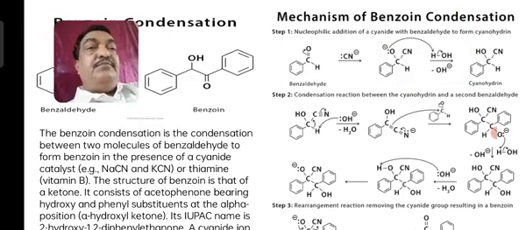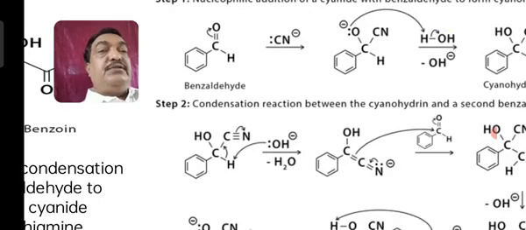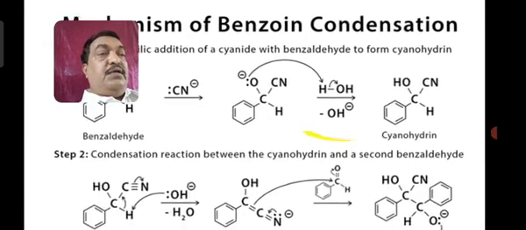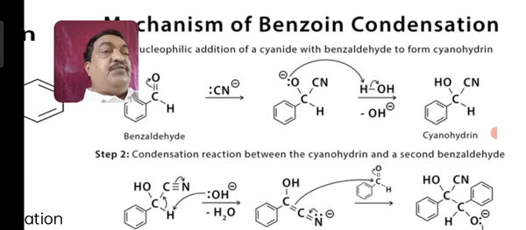And the mechanism of this reaction is, you can see, the KCN in aqueous condition ionizes to give K plus and CN minus. The CN minus attacks the first aldehyde molecule, that is C double bond O. O is minus, carbon is plus, and the cyano group ultimately attaches to the carbon, making the anion. And when this anion is protonated, you will get a cyanohydrin.